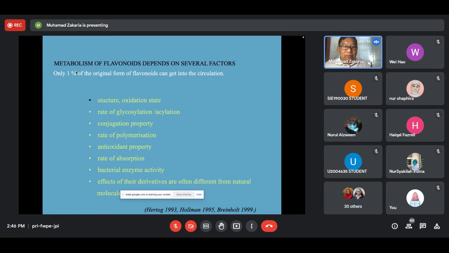But to remove the flavonoid, it has to be converted into various structures by many ways, by glycosylation, conjugation to other things, rate of polymerization, antioxidant property, absorption, and bacterial enzyme activity. The effect on the derivatives is often different from the natural molecule. Okay, not much of the flavonoid can be absorbed, but when absorbed, they play a vital role in the body metabolism.